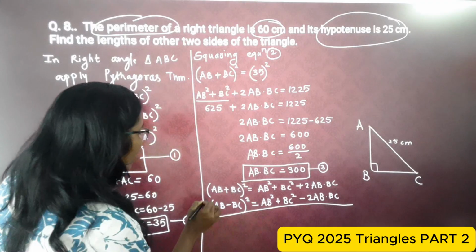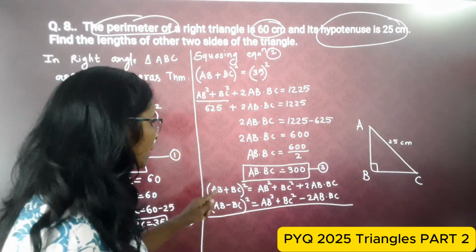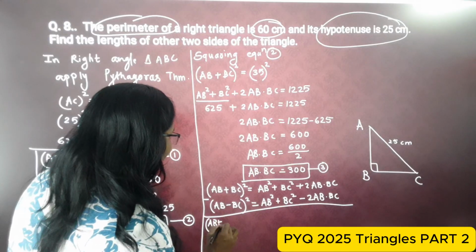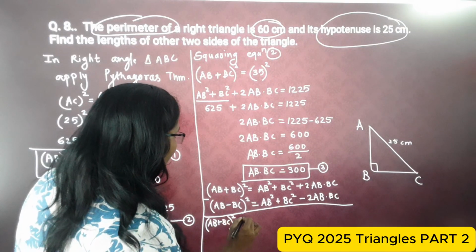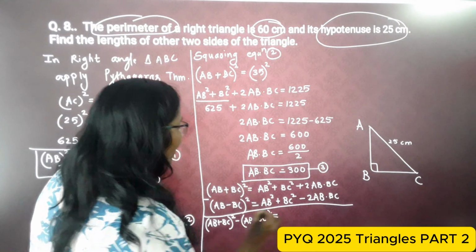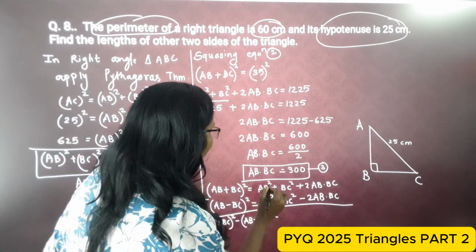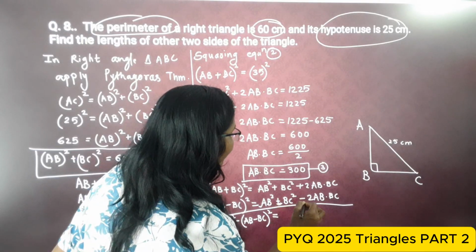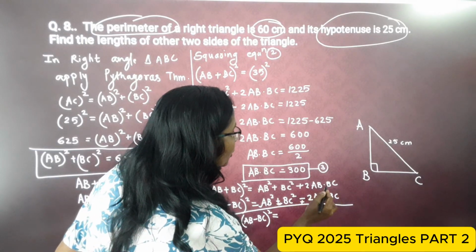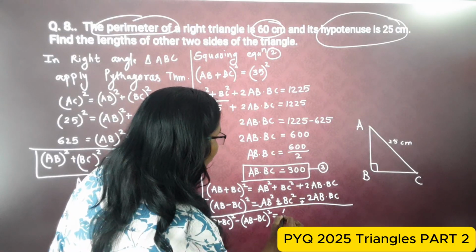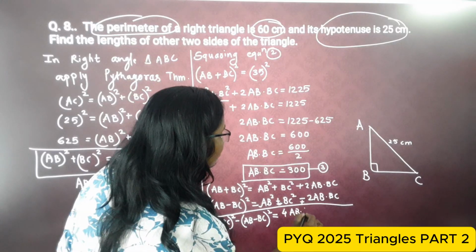So now I subtract these two equations. So I got (AB plus BC) whole square minus (AB minus BC) whole square is equal to, now here AB square minus AB square is 0, BC square minus BC square is 0, and plus 2AB multiply BC and plus 2AB multiply BC, that means 4AB multiply BC.